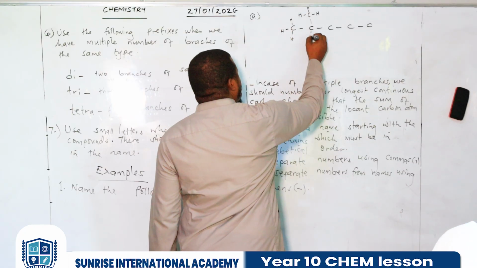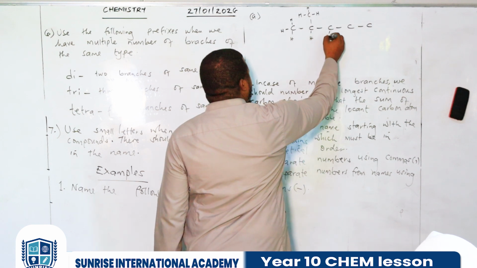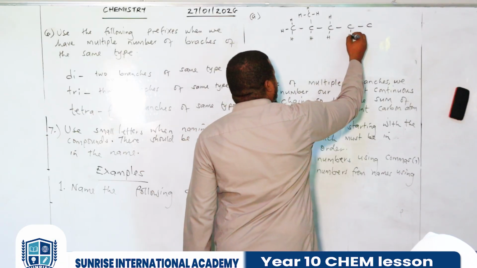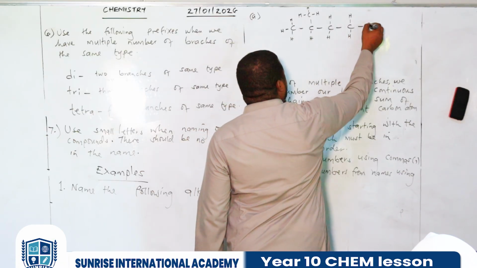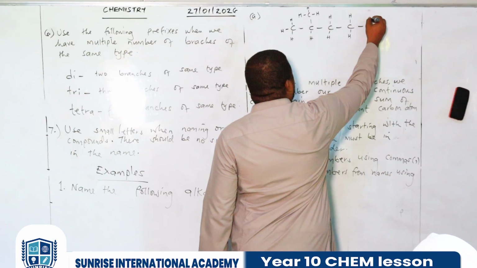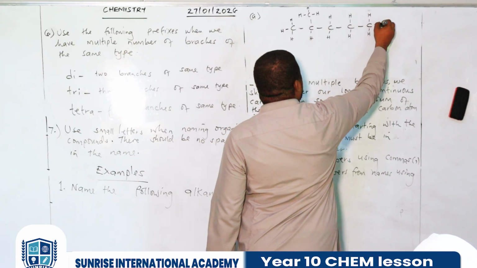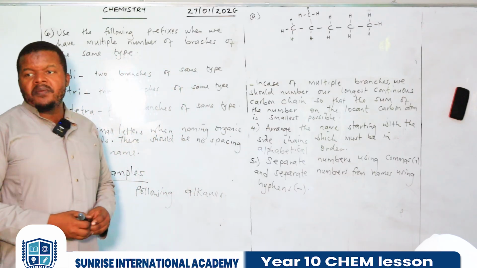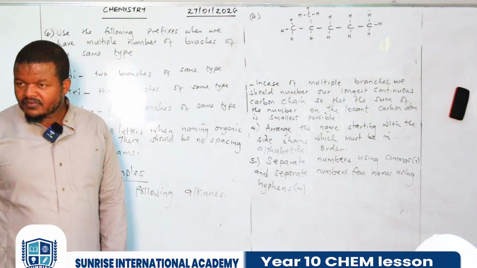Now, the first thing I want to understand about the alkane graph is that it has no amplitude. So I want us to name that molecule.